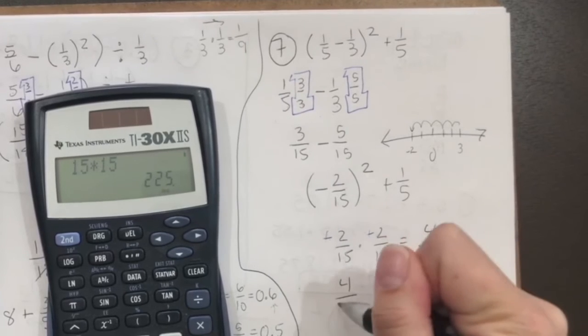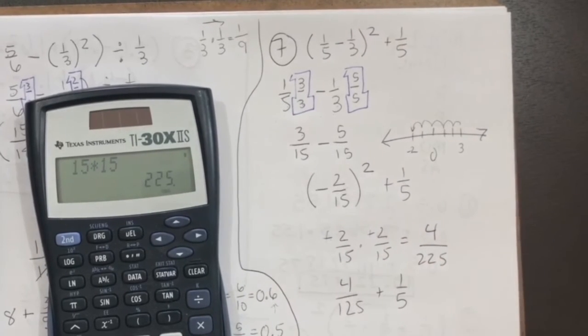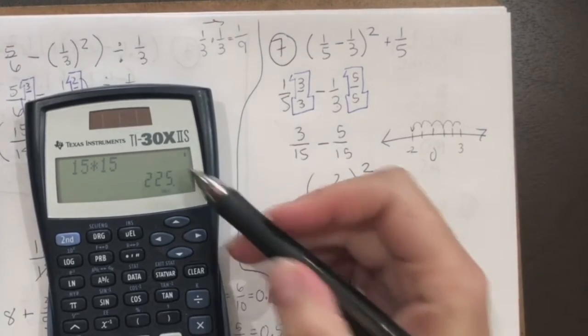So 4/125 plus 1/5. Well, it looks like we're going to have a denominator of 125. Oh, 225. Why did I rewrite that wrong? 225.